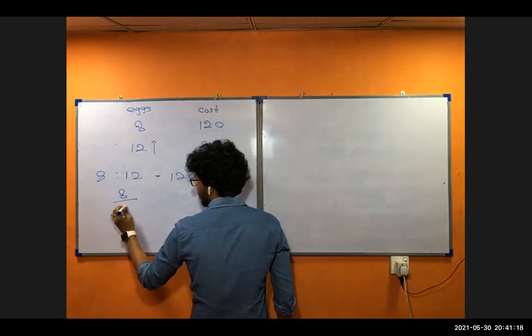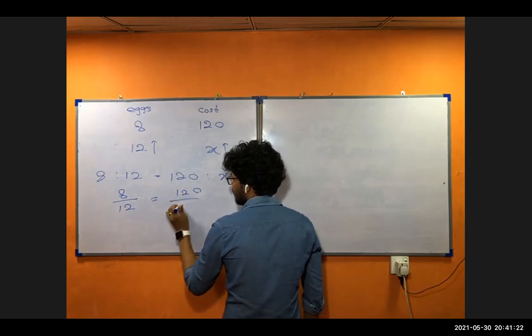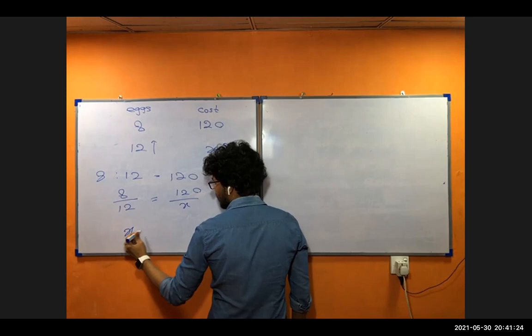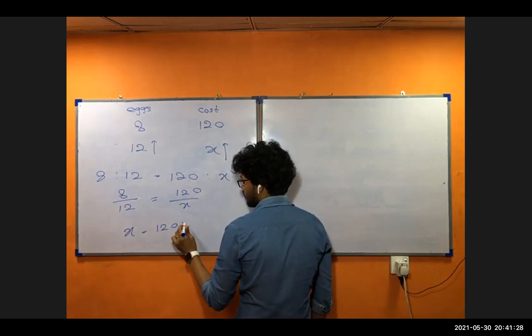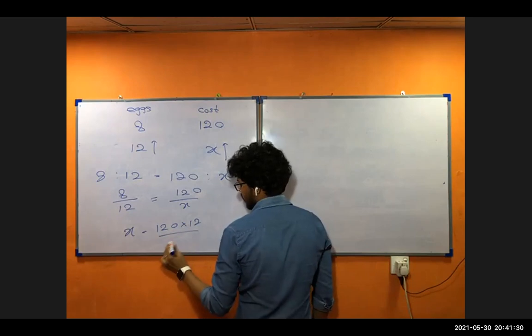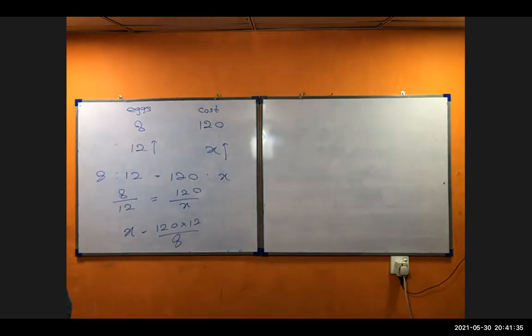So 8/12 is equal to 120 over X. So you will take X over there, and you will take 120 into 12 over 8. So you should get 180 as the answer.